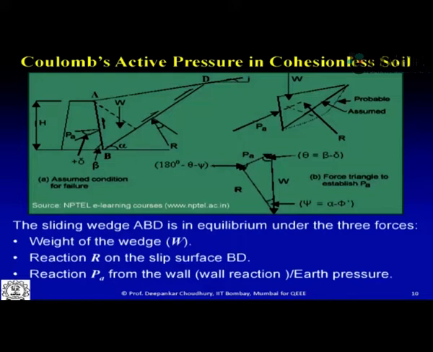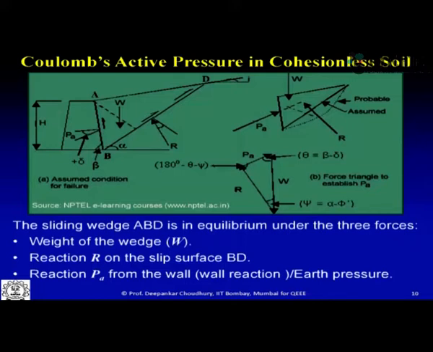This is the resistance or soil reaction, which is acting at an angle of phi with respect to the normal to this failure surface. Now these three forces are concurrent and coplanar forces. That means all three forces must pass through a single point. That's what concurrent forces means, and being concurrent forces, it automatically satisfies the moment equilibrium equation.